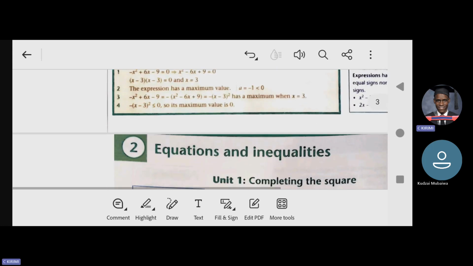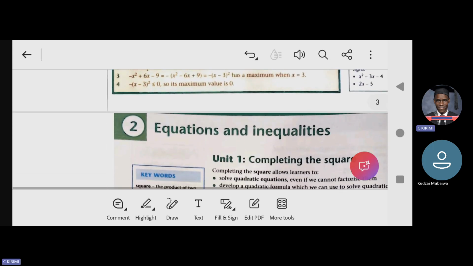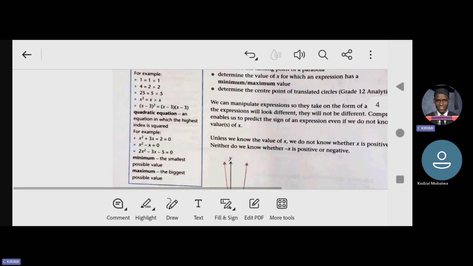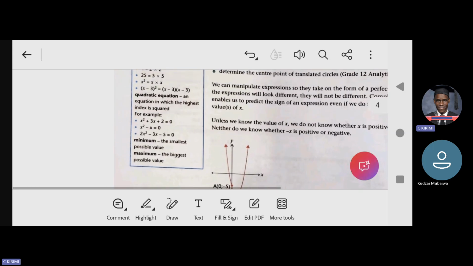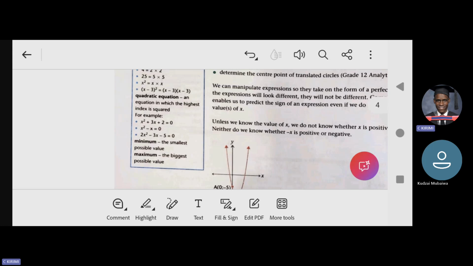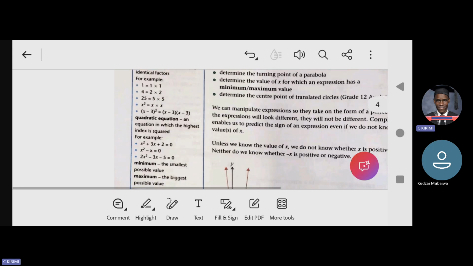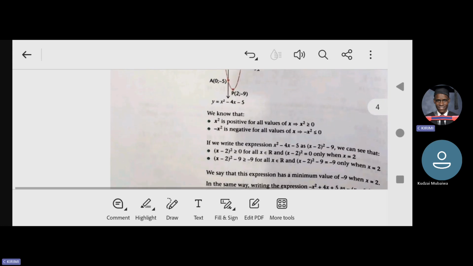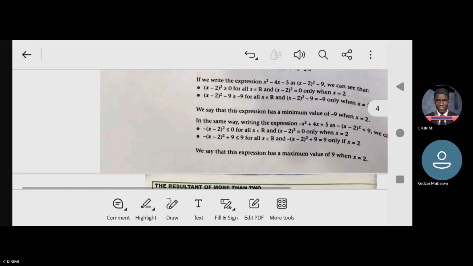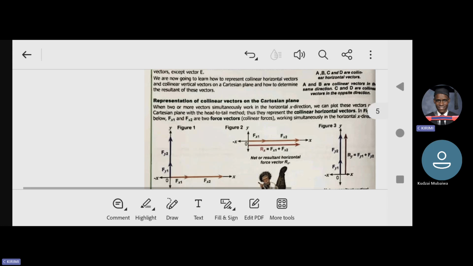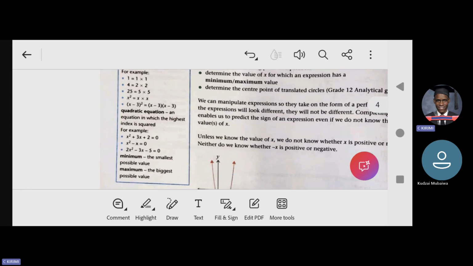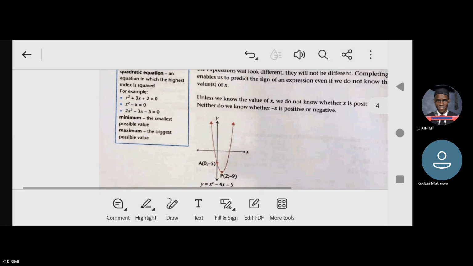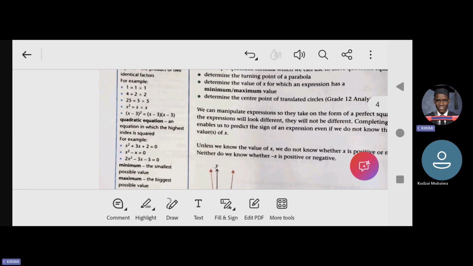So the method of completing the square can assist you in finding that intercept without using the sketch. So for completing the square, let's take an example, that method, if you want to complete the square.